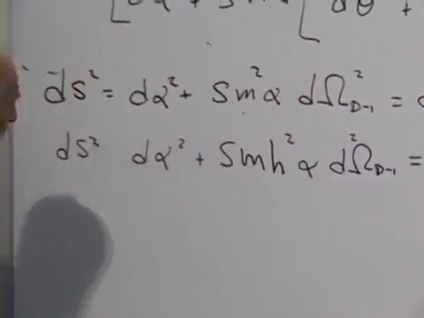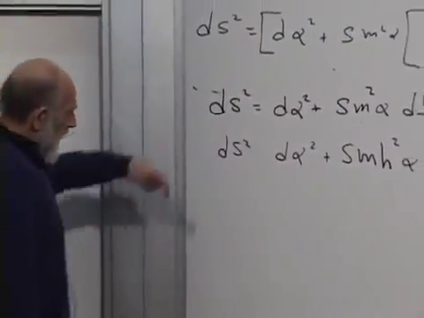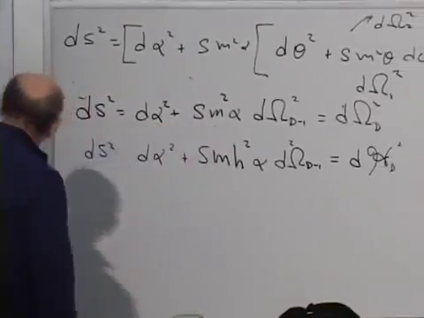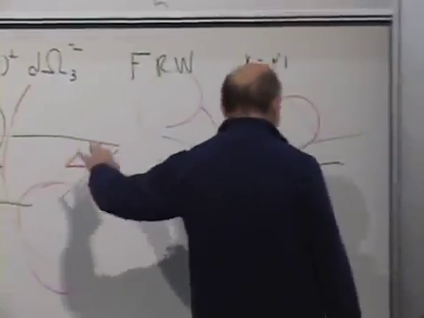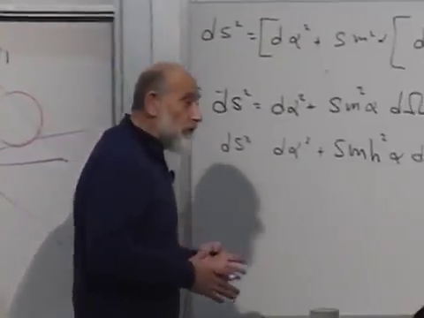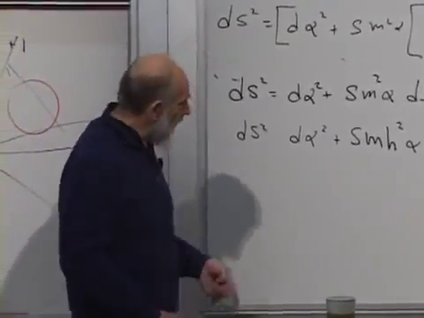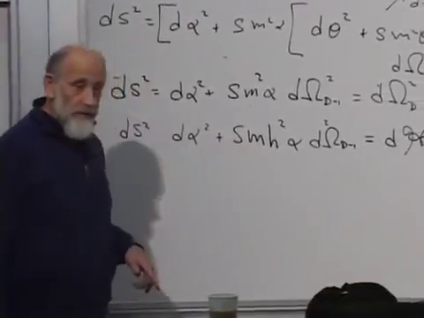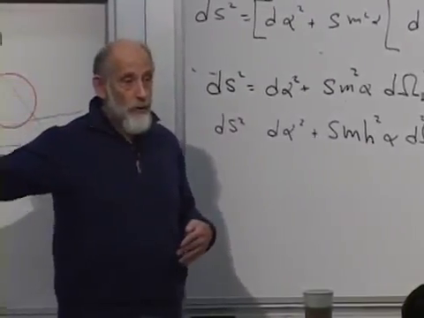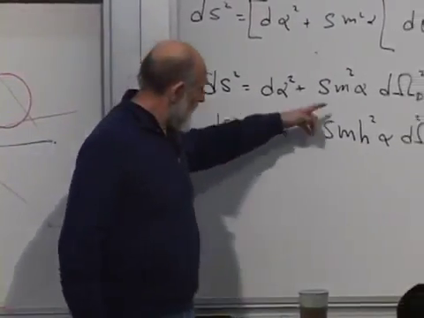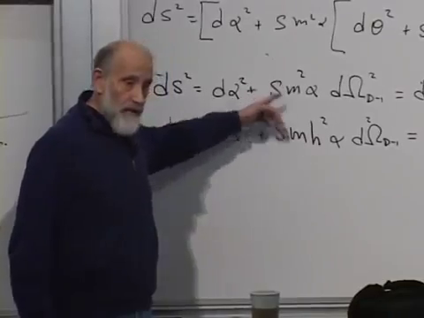Now, one important difference is in this formula, alpha goes from the North Pole to the South Pole and varies between 0 and pi. In this formula, alpha goes from 0 to infinity. Sines are periodic functions.